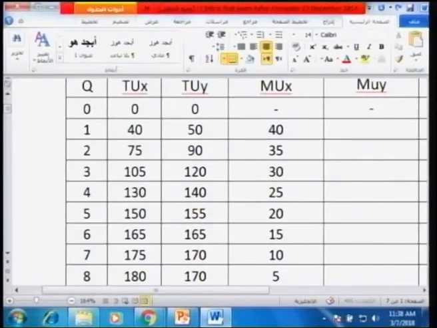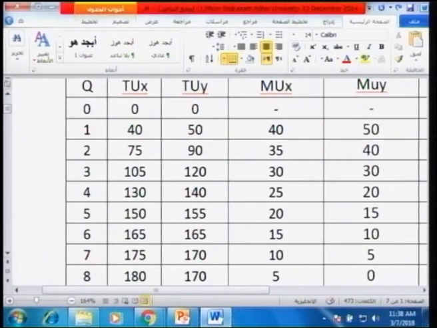Then 40. 120 minus 90 over 3 minus 2 equals 30. Yes. 30. Then 20. Then 10. 15. Okay. 10. 5. 0.